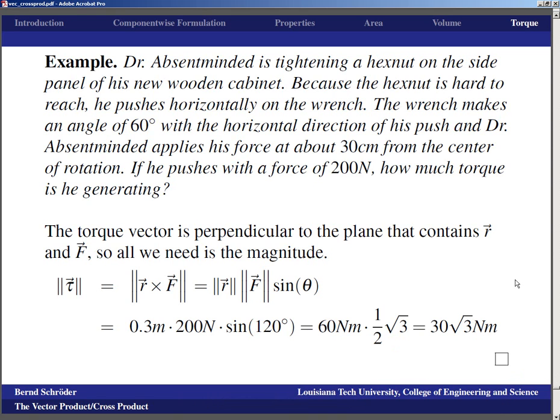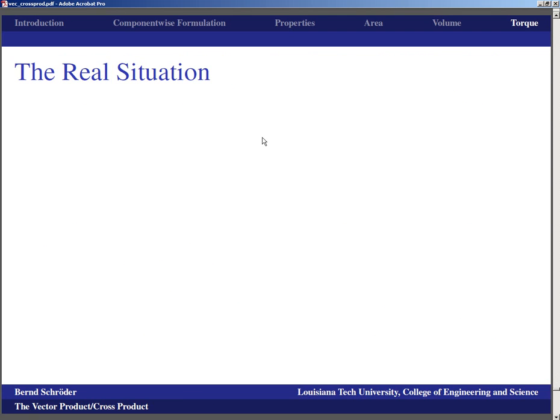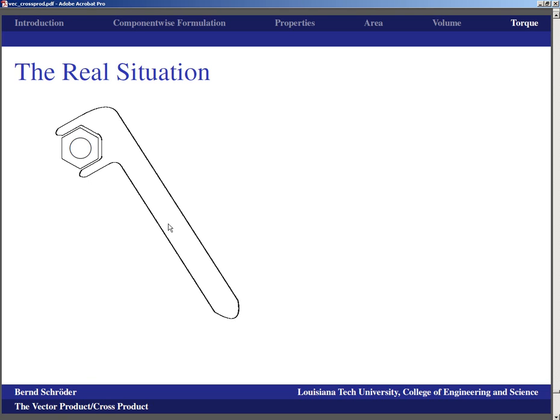However, what I'd like to conclude with is to present the fact that this really is real. If this is a hex nut and this is a wrench, then there will be a point of action for the force that you apply. That point we call P, and so if the force is going horizontally at 200 newtons, then you will have an angle, which in our scenario was supposed to be 60 degrees, at which the wrench is standing to the force, which is going horizontally.